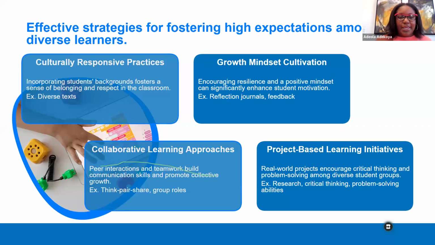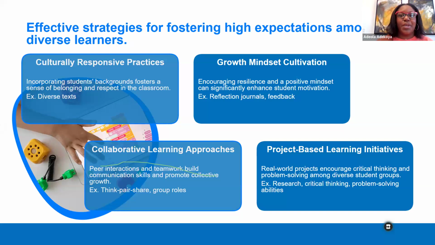Another strategy is being culturally responsive. The culturally responsive practices incorporate student backgrounds and foster a sense of belonging and respect in the classroom. Here, you're looking at the students' languages, where they're from, their culture. And the way that you can do it is by using diverse texts.